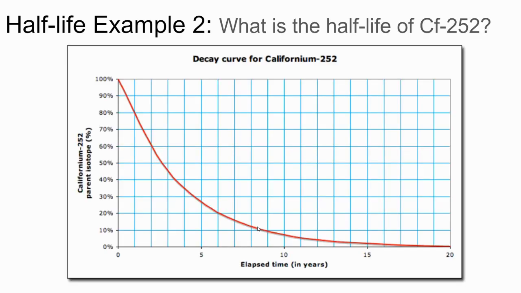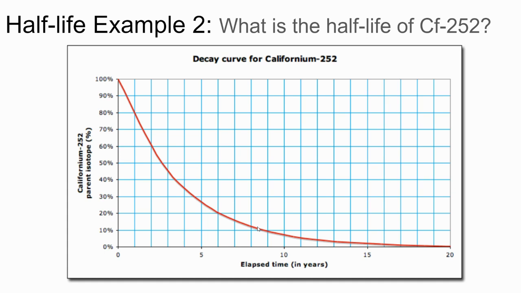All right. So most of the problems on the test will be graph problems, so let's practice a few of those. If we look at this graph, we should be able to tell how long our half-life is. So looking at this, what do you guys think? How long is the half-life? 2.5 years.